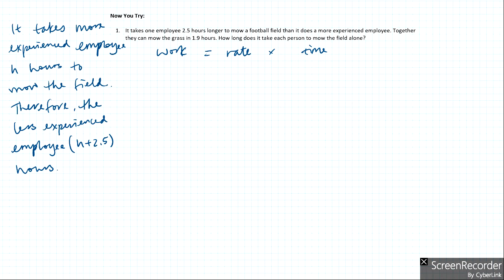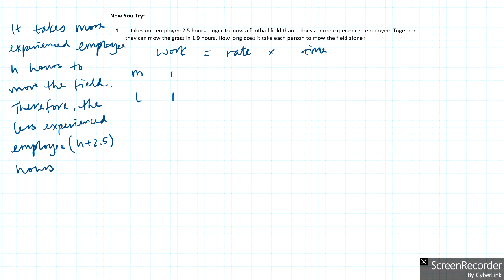So we have these two quantities already, and I'm going to complete the table off of this as well. I'm going to use M for more experienced and L for less experienced. They're both mowing one single field, so the work is always one.